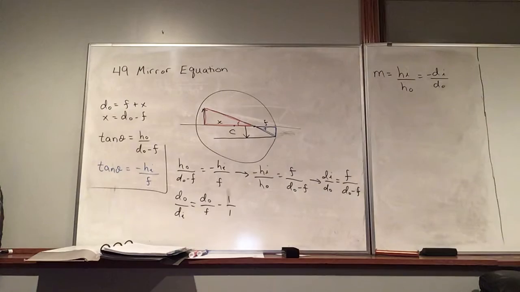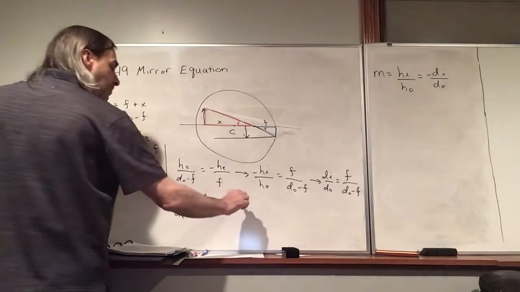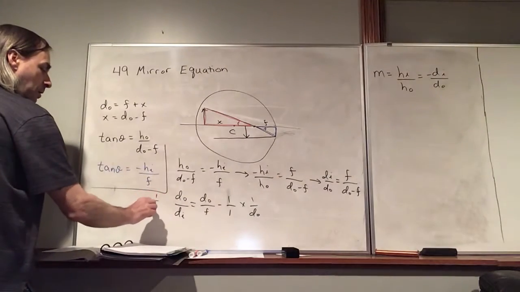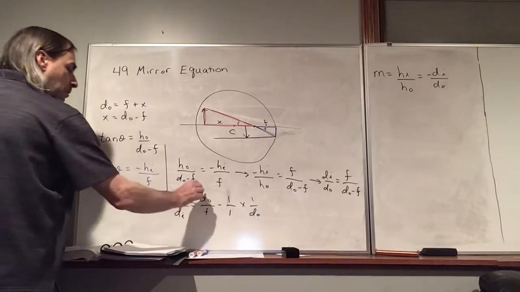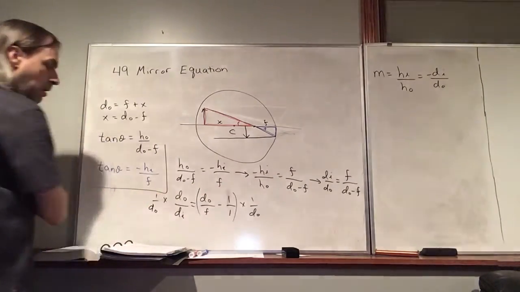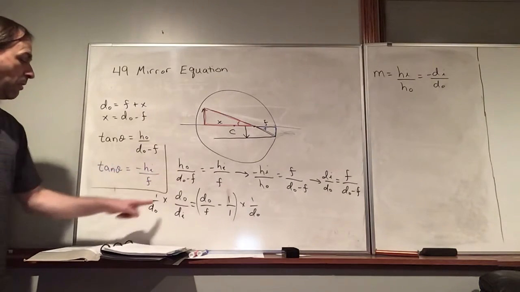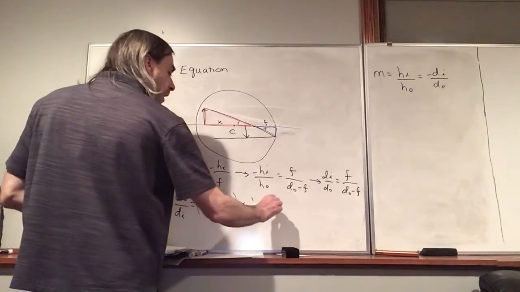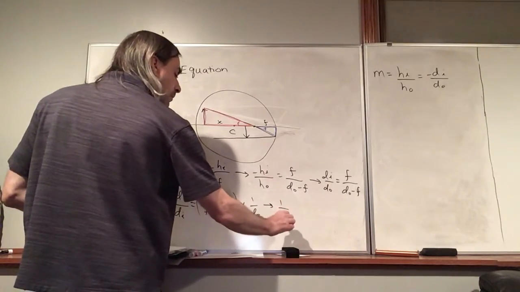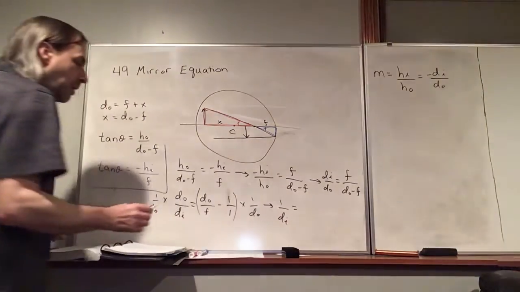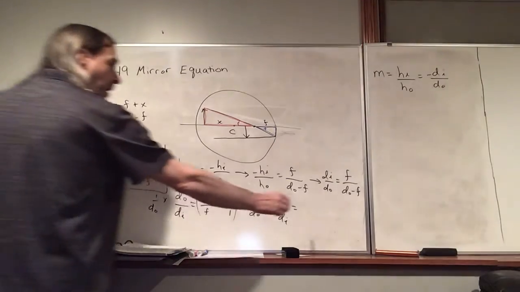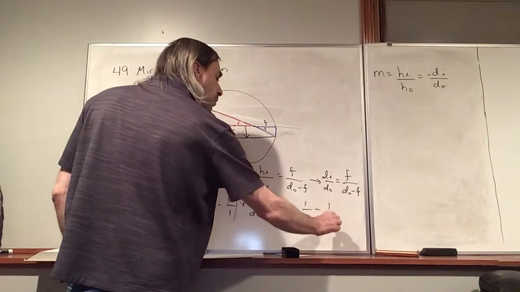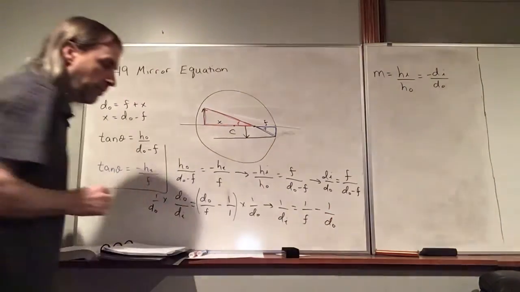And now the last step here, let's multiply both sides by 1 over do. So that cancels out the one, well, okay, second to last step. What we have on the left side is 1 over di. And here we have 1 over f minus 1 over do.